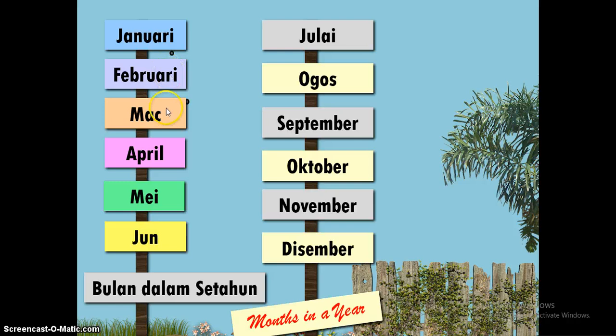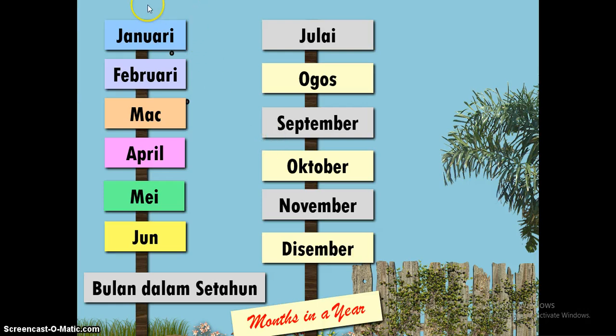January, February, March, April, May, June, July, August, September, October, November, December. The similar pronunciation, but with different spelling. Okay, the spelling is modified accordingly to Malay sound system, Malay pronunciation system.